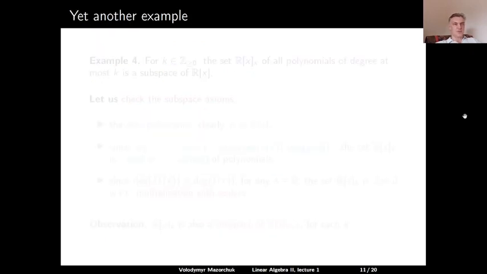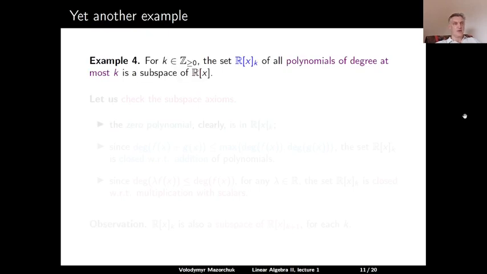Here is one more example. Let us fix a non-negative integer k and denote by R[x]_k the set of all polynomials with real coefficients of degree at most k. So we claim that this R[x]_k is a subspace of the linear space of all polynomials with real coefficients.